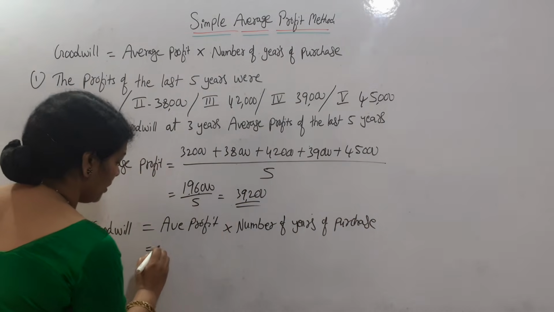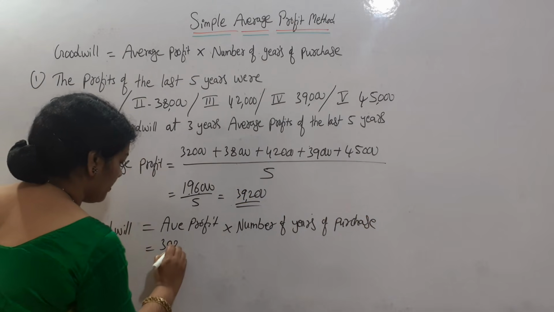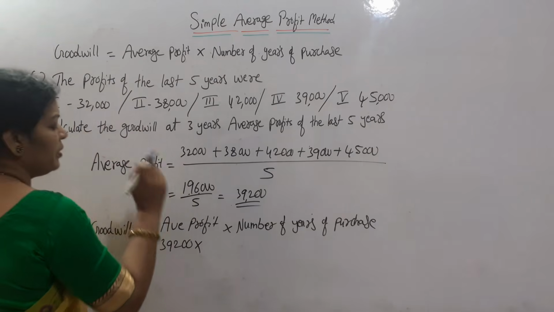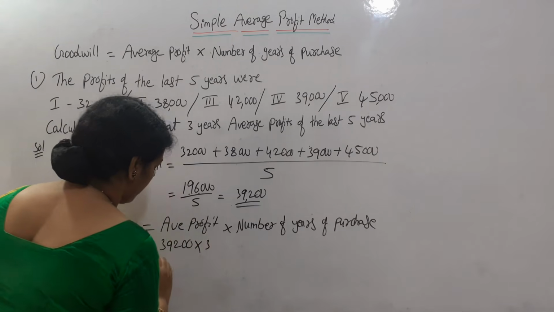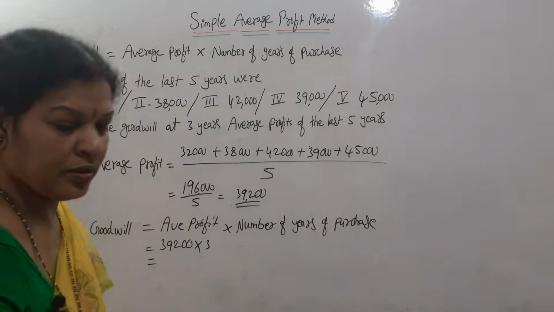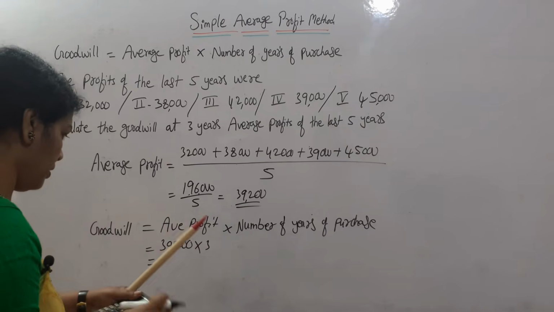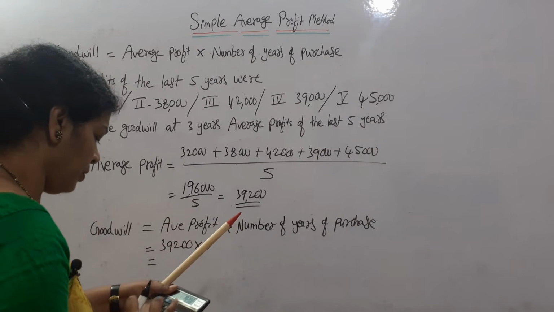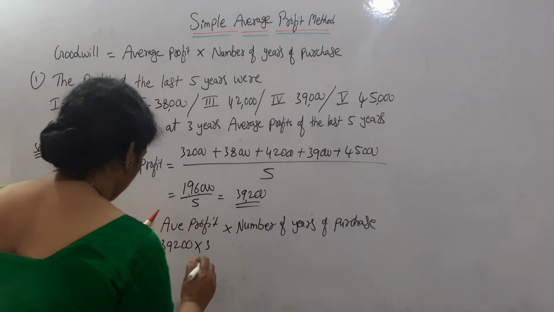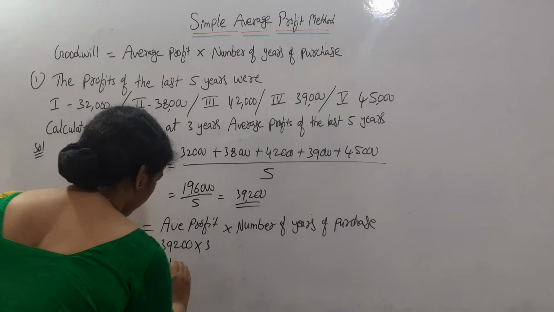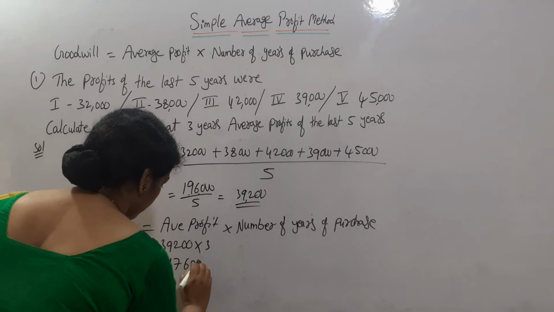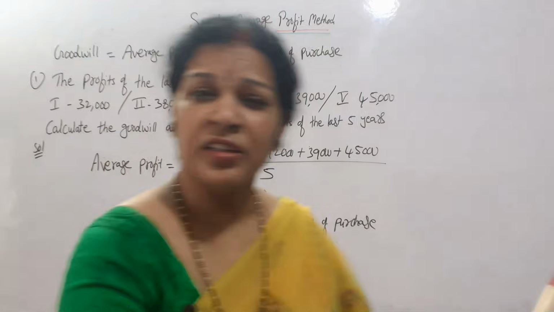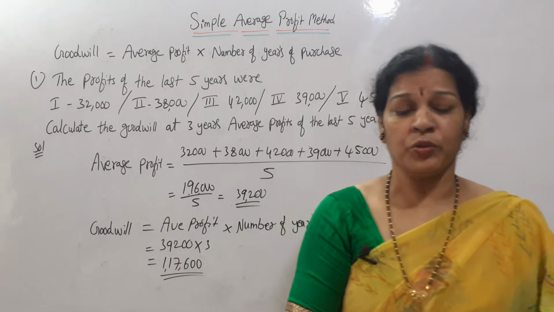Average profit is 39,200, which you got already, into number of years purchased, which is 3 years. Multiply 39,200 into 3, it is 1,17,600. That's all. This is the goodwill. Simple calculation, so there is nothing to worry.